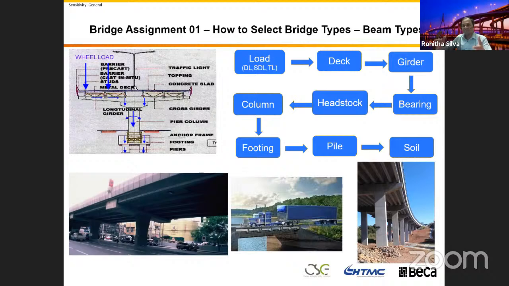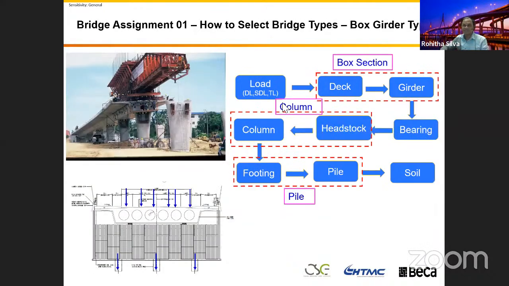Use the same principle. For the box type bridges, I gave you a lot of box girder solutions in your reference. I think I gave you the American Society segmental box girder bridge manual. I put that in the resource folder. Everything is there. You just need to pick and select to match your requirement.